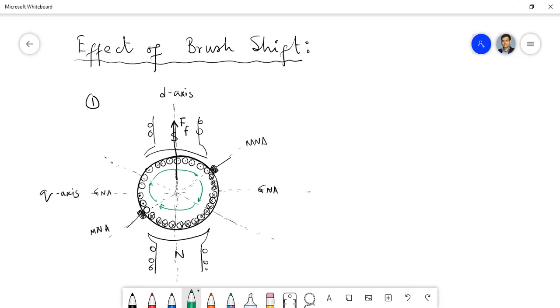Now just look at the armature only. Forget about the main field. Now due to this portion, that means this portion and this portion, let me draw the coil like this. This is one portion, another portion is this. And these are dot, and these are all cross. Now can you tell me in which direction it will generate the field?